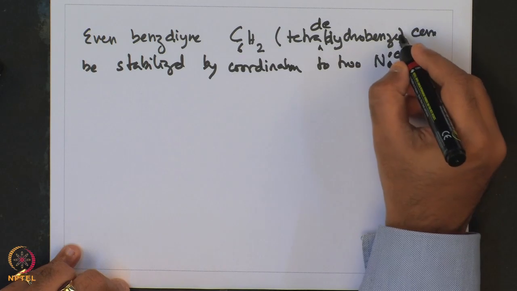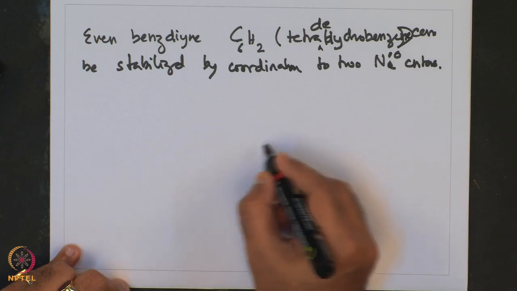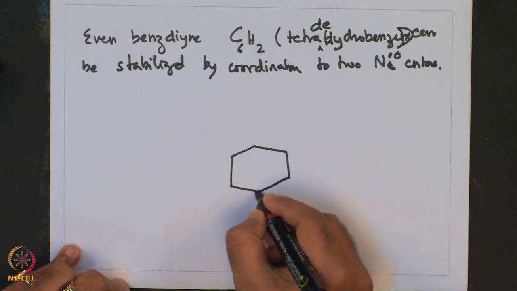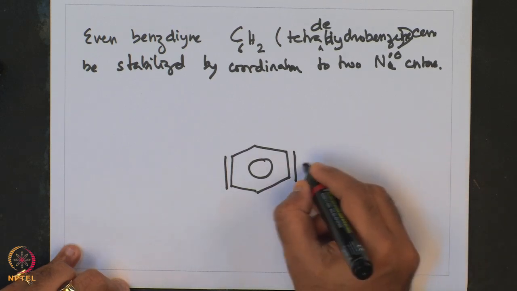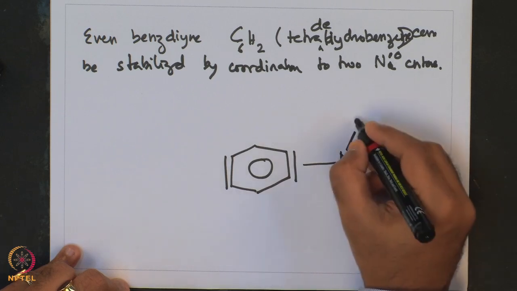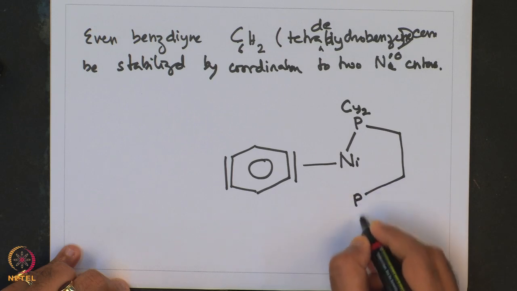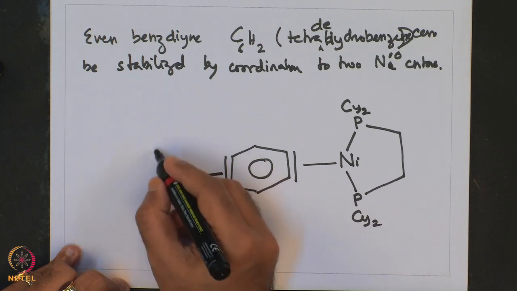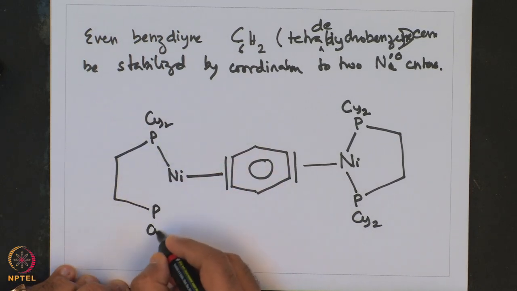So, what is a tetradehydrobenzene? It is like a benzene molecule with 2 alkynes on both sides, a highly unstable intermediate, but they are stabilized by coordinating to nickel 0 containing PCy2 groups.